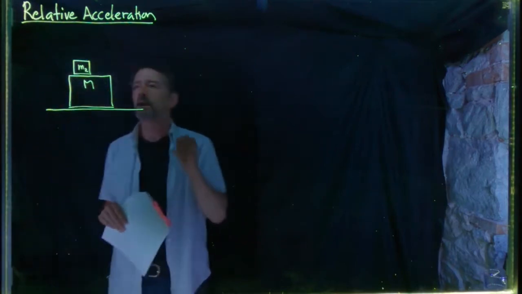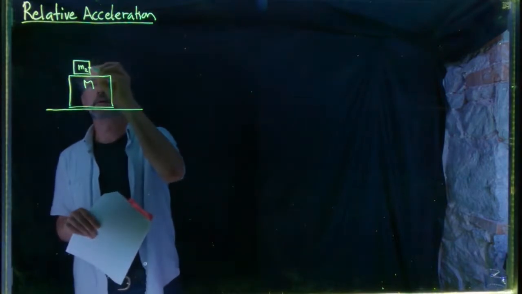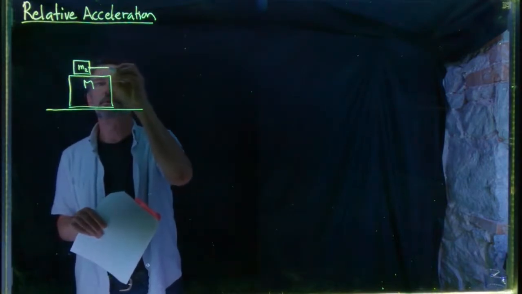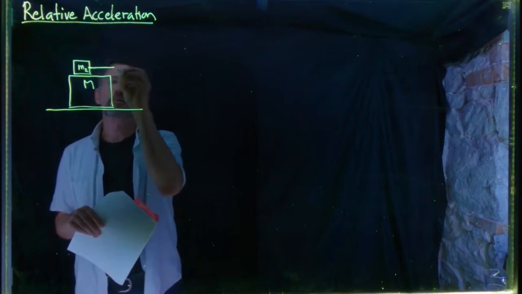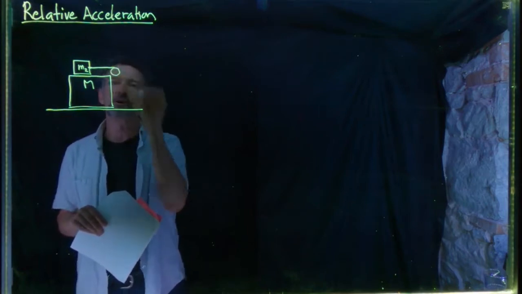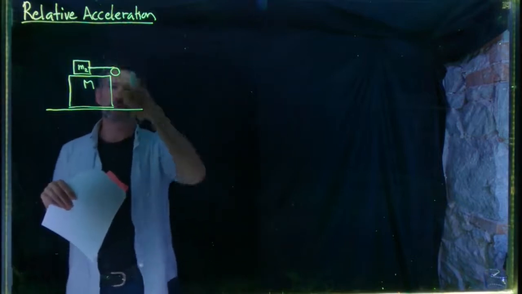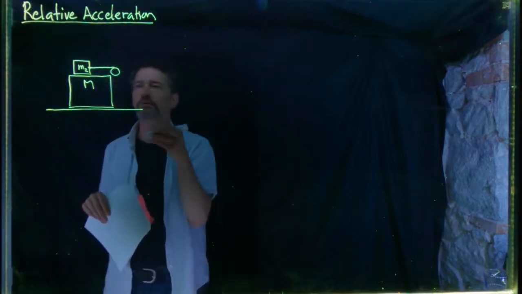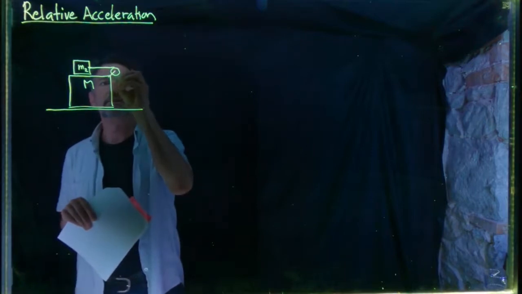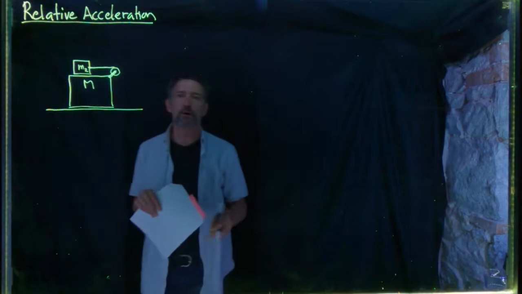Attached to the right-hand side of the block of mass M2 is a rope or a string, and that rope is passed over a frictionless, massless ideal pulley. So there's no friction here, there's no effort to get that pulley spinning. And that pulley is rigidly attached to the top right corner of big M.